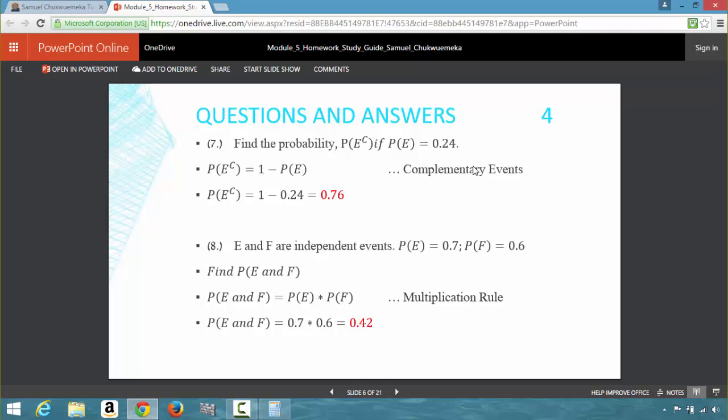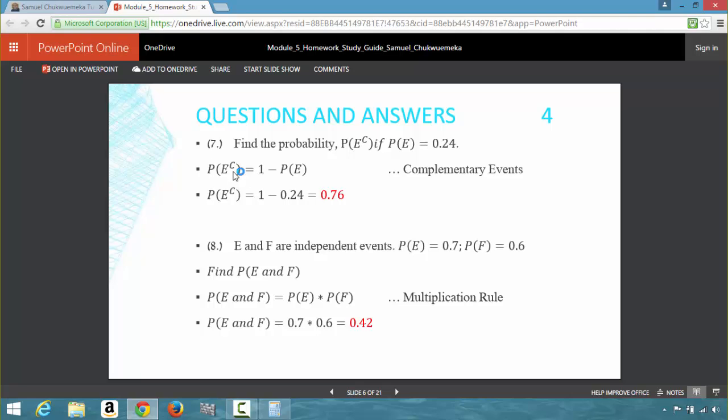Like if the probability that John will come to school tomorrow is 1/4, then the probability that John will not come to school tomorrow will be 3/4, which is 1 minus 1/4, which gives you 3/4. So the probability that John will come to school tomorrow plus the probability that John will not come to school tomorrow will be 1.